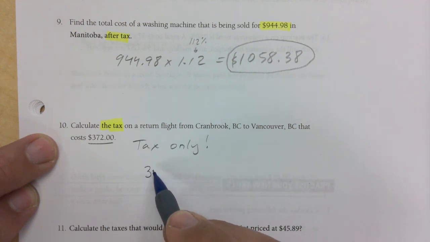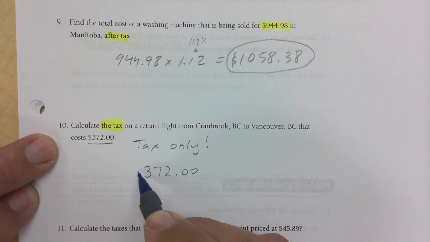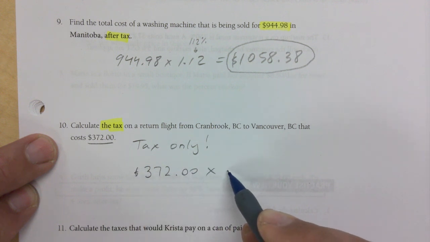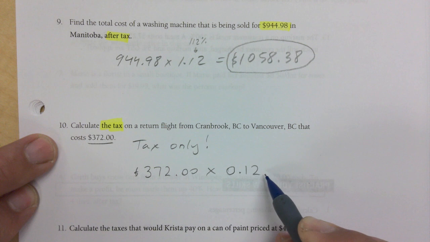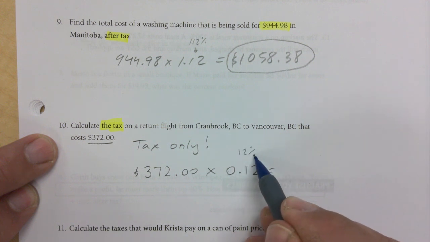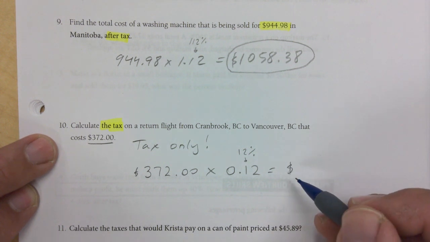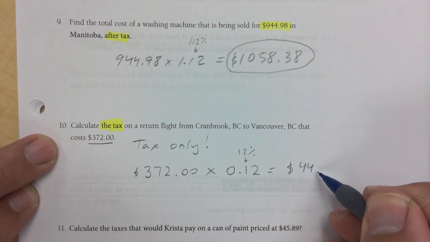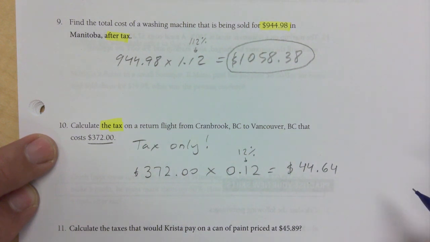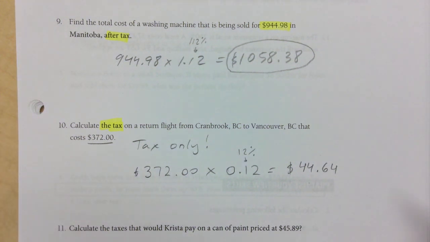So we would go 372 multiply 0.12 because we only want 12%, right? And I have to redo all of this because taxes always change. I did all of this when taxes were 13%, right?